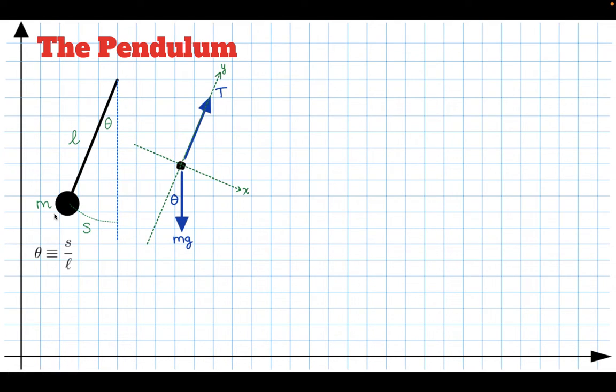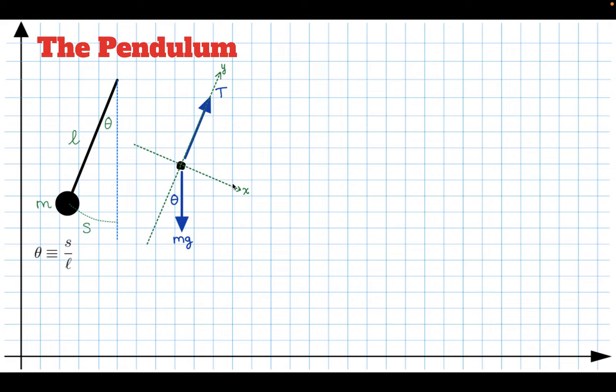So if we look at a free body diagram, what are the forces acting on this mass right here? Well, gravity pulls down on it. So that's mg, that's pulling down, and the tension pulls up and to the right at a small angle. Now, this pendulum does not accelerate in this direction. It only accelerates in this direction, so I'm going to call that the x direction.